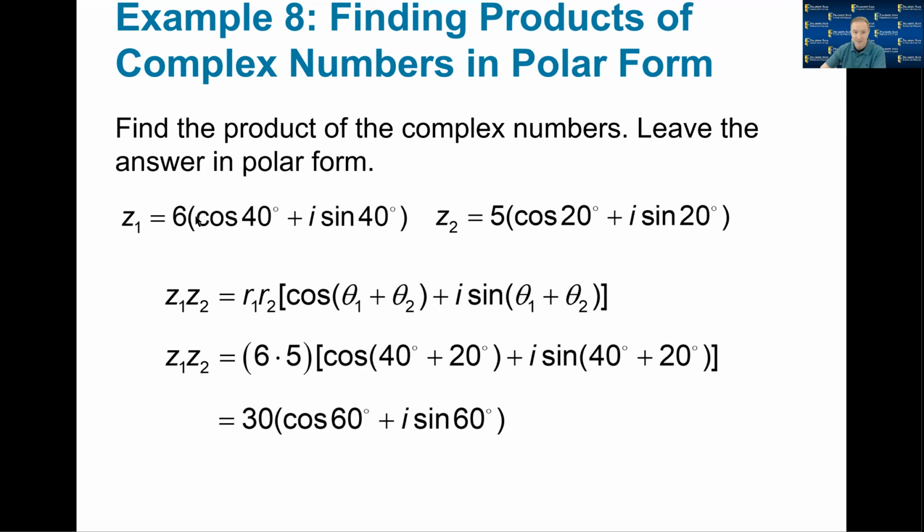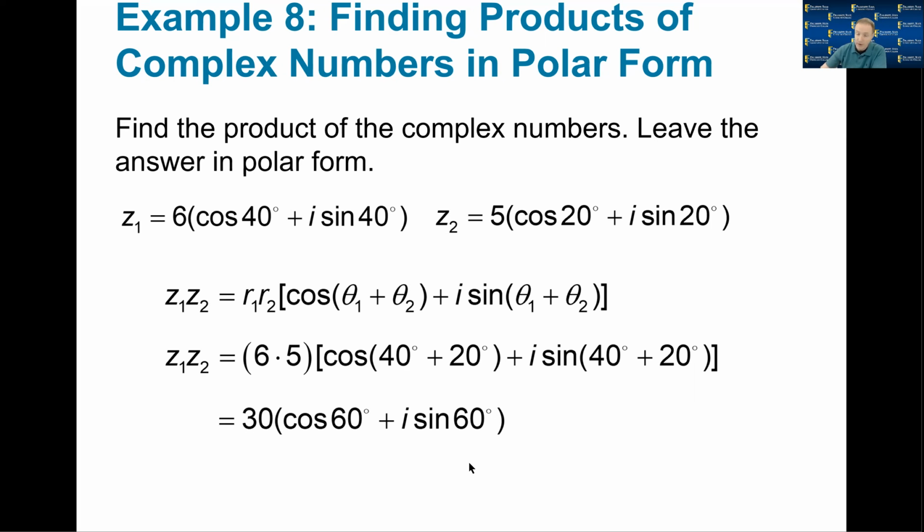I'll get 6 times 5, the product of the r values. It'll be cosine of 40 plus 20, and obviously i sine of 40 plus 20. My final answer, you'll get 6 times 5 is 30, and then you'll have cosine of 60 plus i sine of 60. That would be your absolute final answer in polar form.